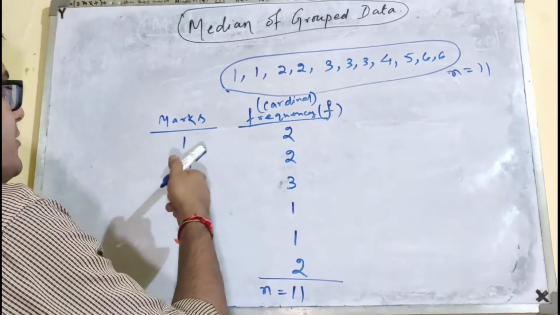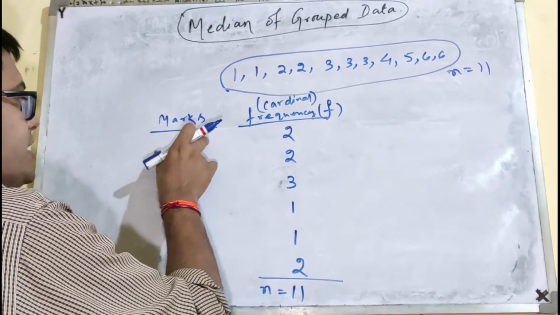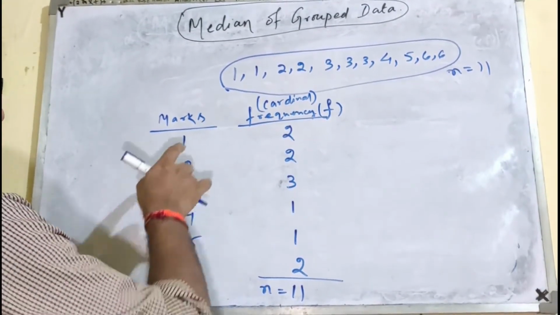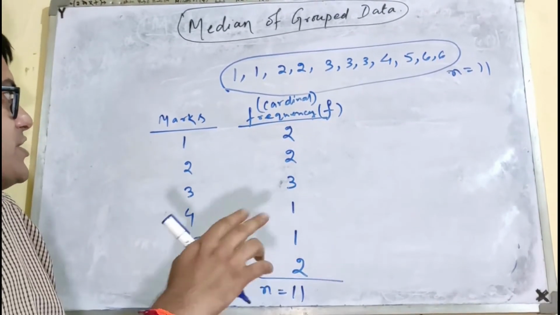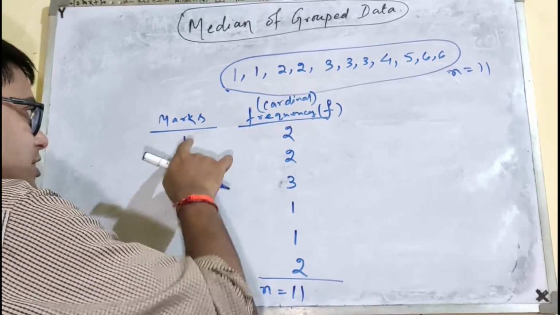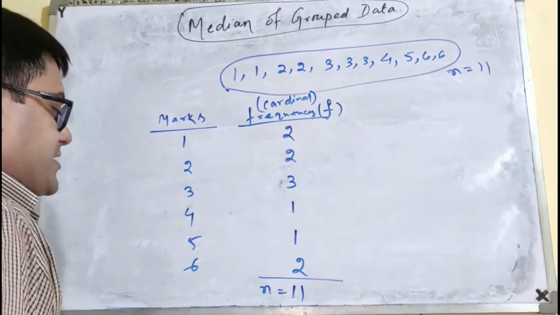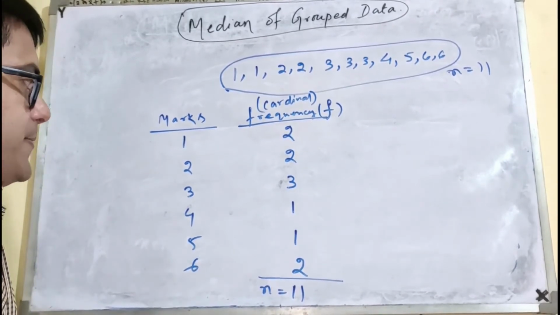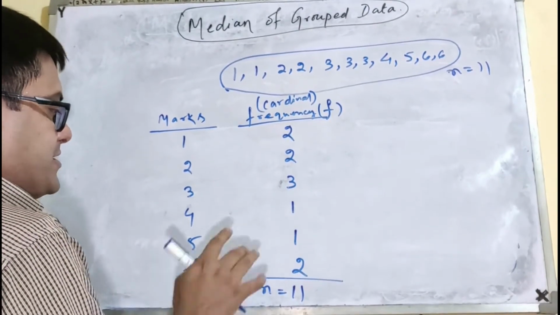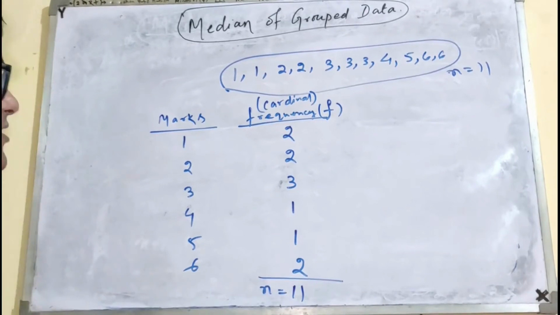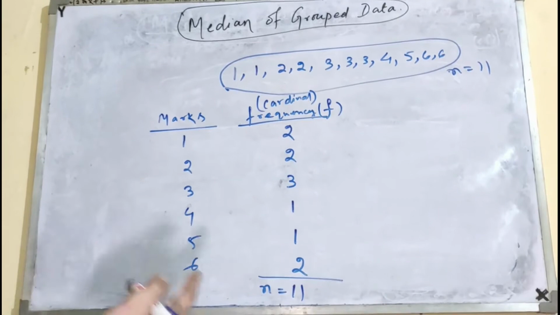So when you say that the frequency of mark 1 is 2, that means for the data point with the value 1, there are 2 data points which have the same mark, which is 1. Then for mark 6, you have 2 data points. So the number of data points with the same value as 6 is 2. So this gives you the cardinal value, or the quantity of data points with the same value.